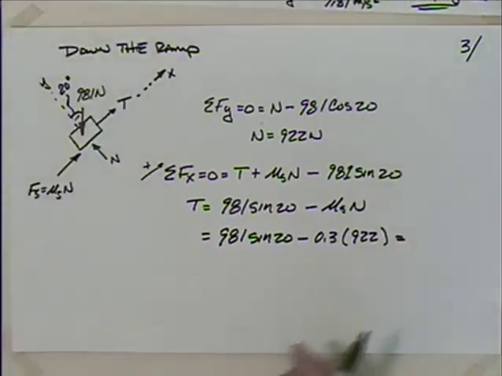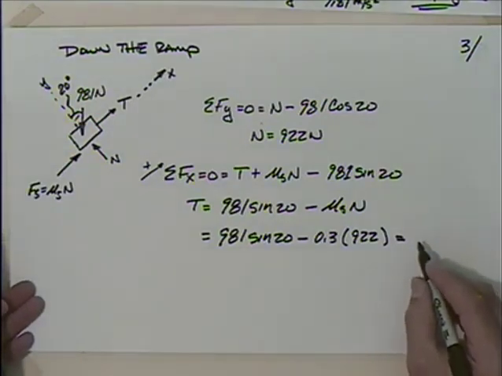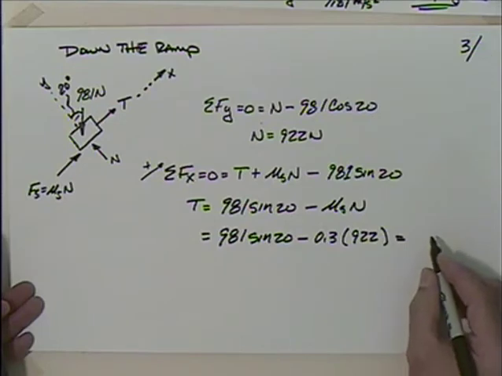So that turns out to be, and we run through those numbers, and we come up with 58.9, something like that. Pretty close to 59. Why don't we just call it 59?